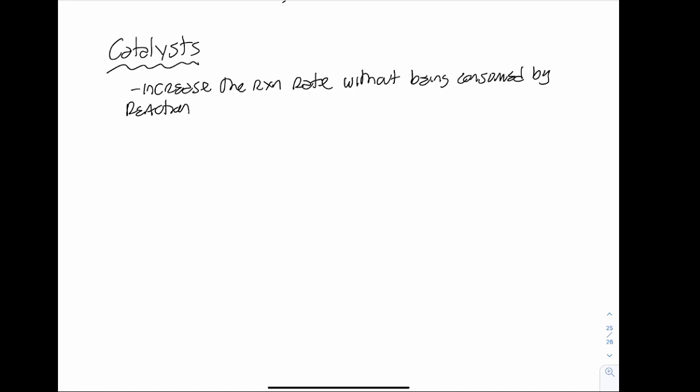Different catalysts function differently, but essentially what they're generally doing is lowering that activation energy. We said faster reactions have smaller activation energies. So if we want to speed it up, we can lower that activation energy. And they can do that in different ways. How different catalysts work depends on the catalyst itself, but that's in general what they're going to do.